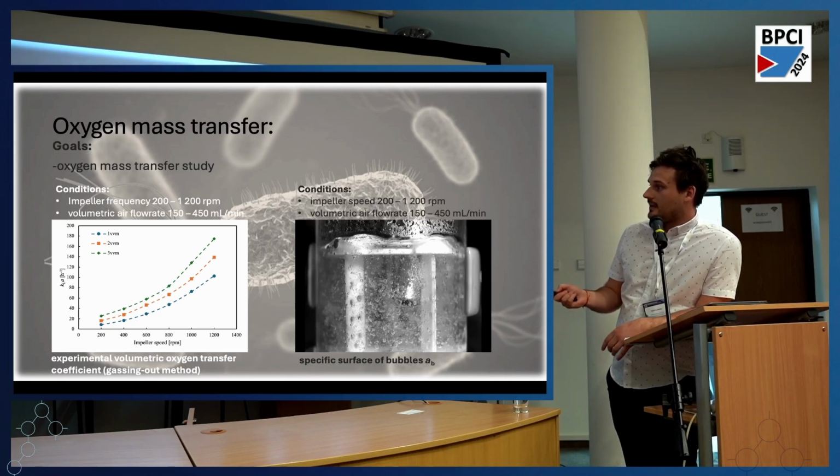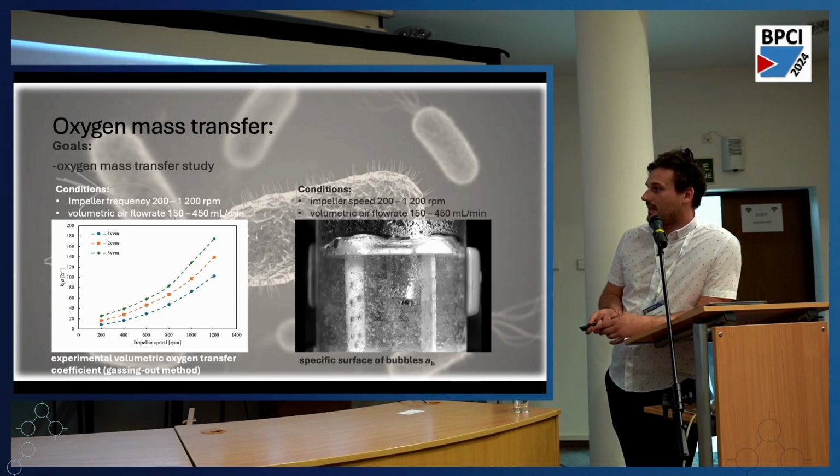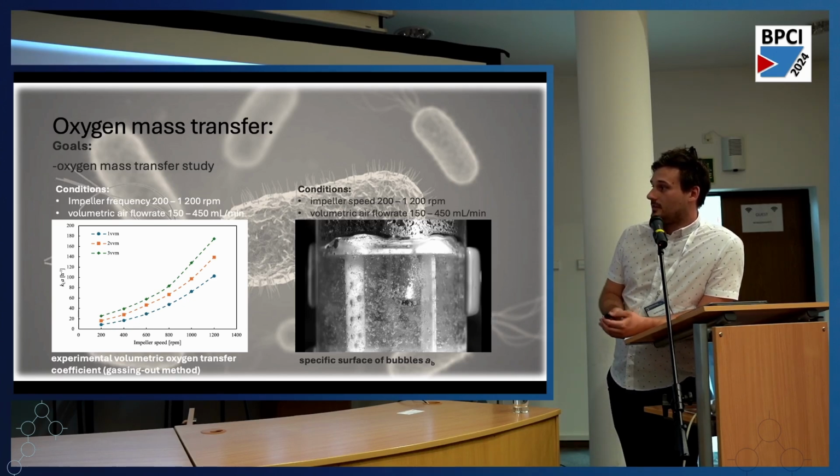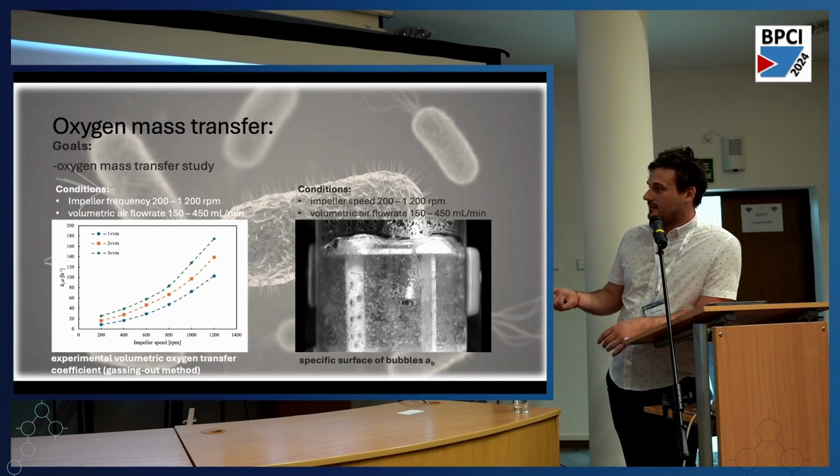The KLA values were determined by adapting the gassing out method, where the oxygen concentration was measured in time, and after that, the calculated values from the rate equations were compared, and the KLA was fitted for each point.